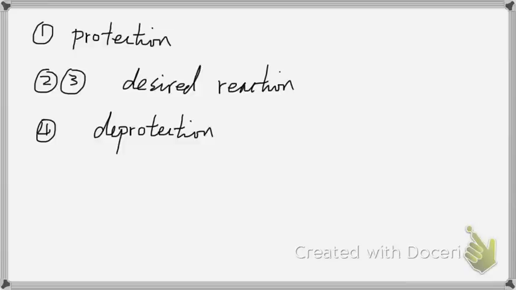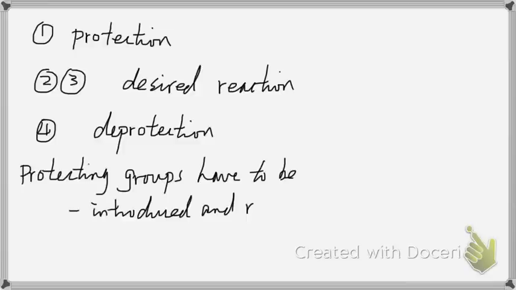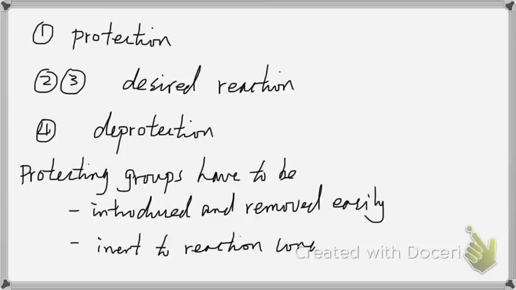There are some requirements for the protecting groups. The protecting groups need to be introduced and removed readily. We don't need them in our final product. They need to be removed. So if you put on a protecting group that cannot be removed, it's not going to work. And the protecting groups have to be inert to the reaction condition.